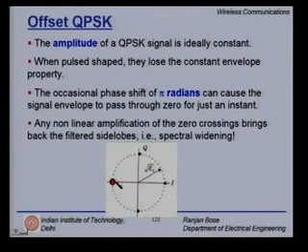The moment I have a 180-degree phase transition, I am in problem. I have to do something to limit this pi radian transition, and the answer comes in terms of offset QPSK. Because the moment I have a nonlinear amplification of the zero crossings, I bring back the filtered side lobes. That is the basic problem with QPSK.